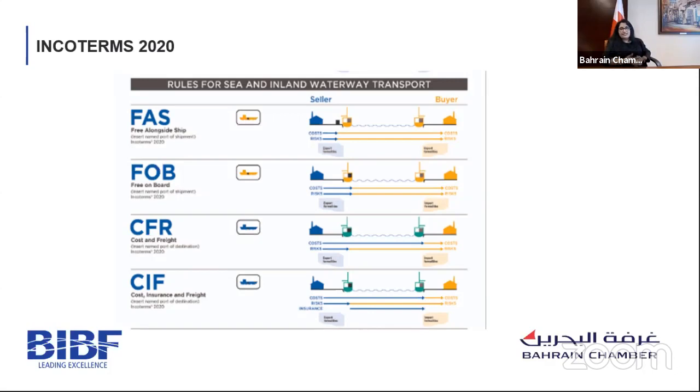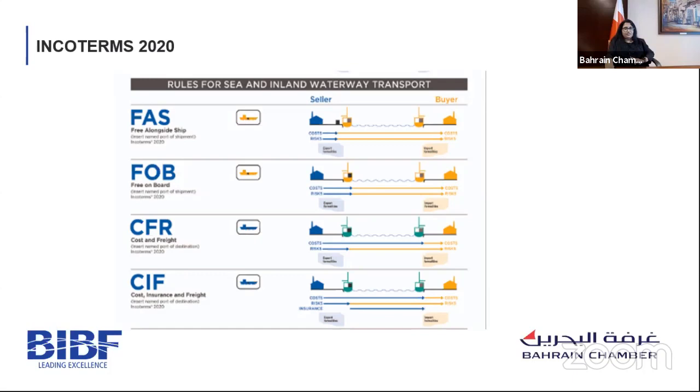So you need to look at these requirements before you decide the Incoterms. The Incoterms largely determine your cost, the freight charges, and your responsibilities, where they start and where they end.